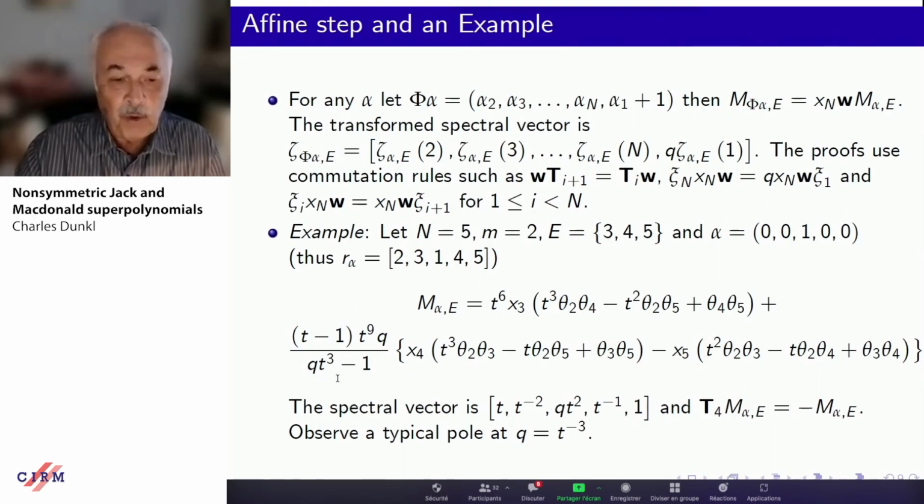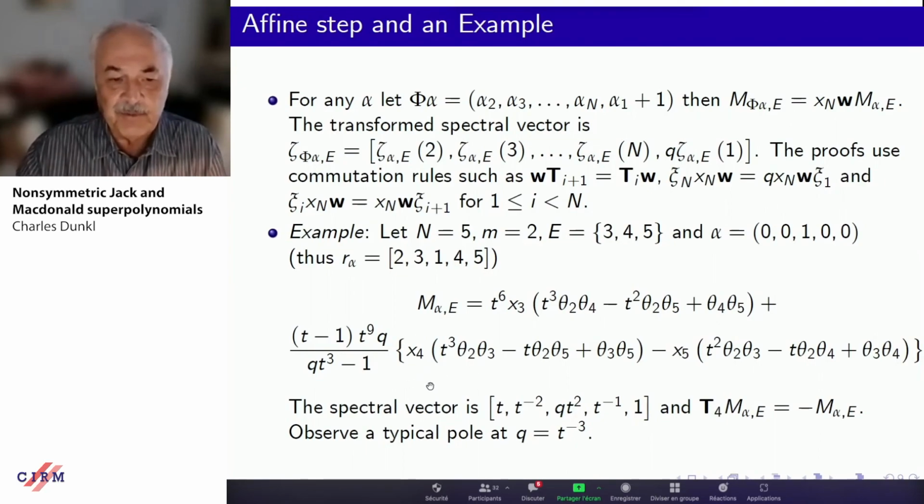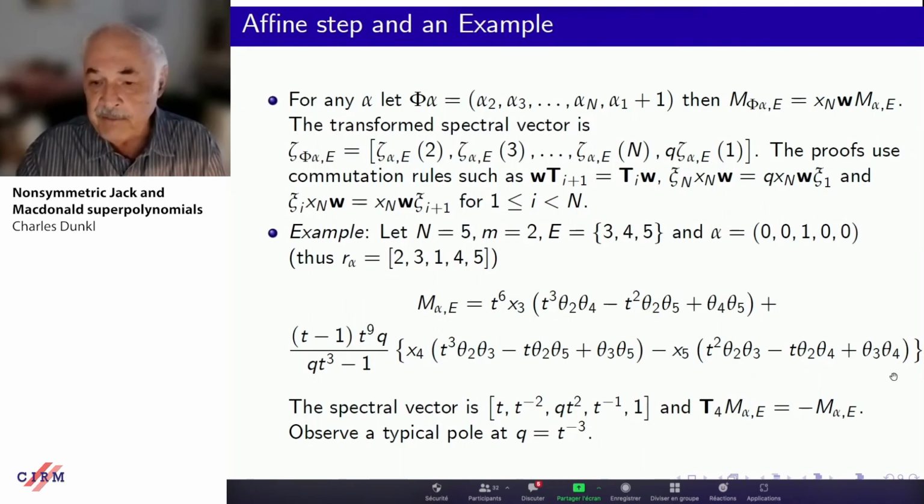Notice that there is a pole at q equal to t minus 3. The poles are always interesting in these formulas. It's where things go bad somehow. This is the spectral vector, and M alpha has this property: you can interchange, because 0 and 0 are adjacent. In the column, you get a minus sign.